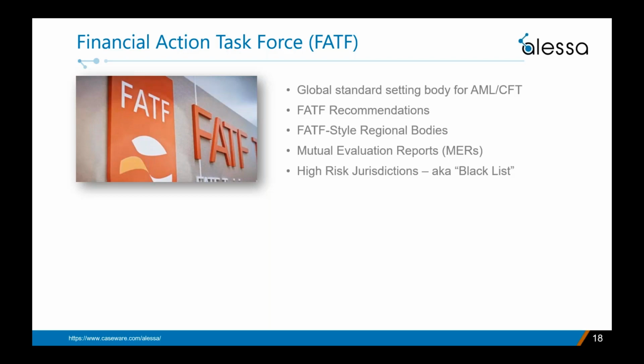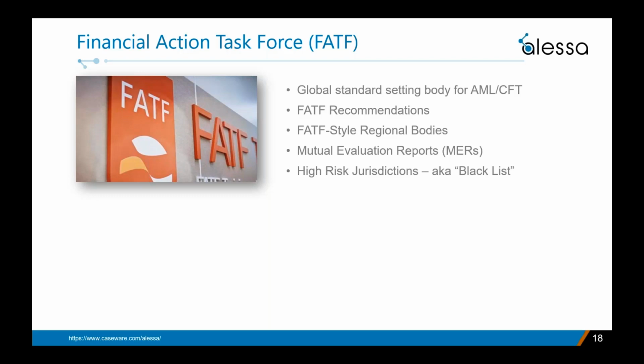Now, the FATF also calls out countries that it considers to be high-risk jurisdictions. These countries have significant strategic deficiencies in countering money laundering or terrorist financing, as well as financing weapons of mass destruction.